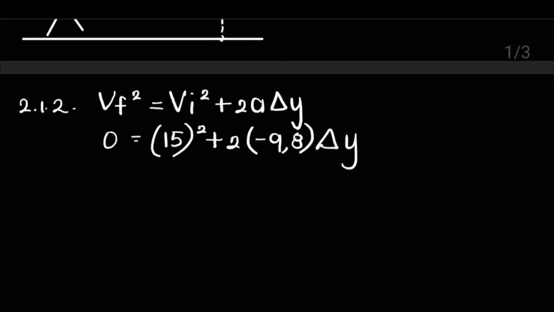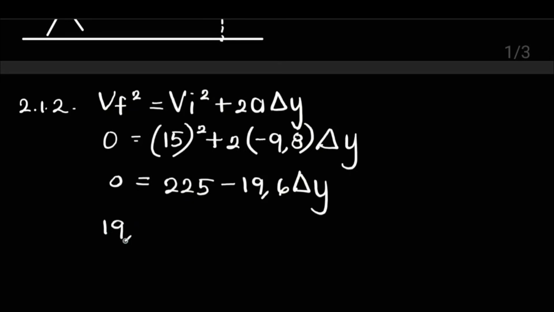Now simplifying here, we have 0 is equal to 15 squared, which is 225, and 2 times negative 9.8 is negative 19.6 delta y. Since we're trying to solve for delta y and that value is negative, let's take it over to the left. So that becomes positive 19.6 delta y is equal to 225.